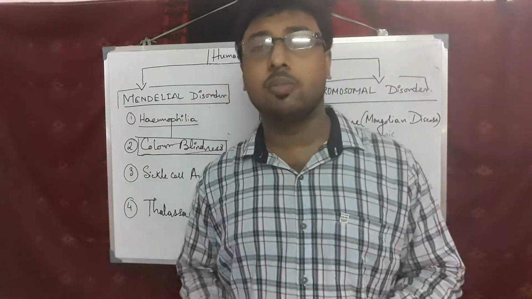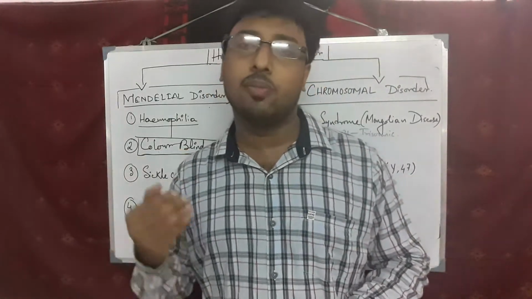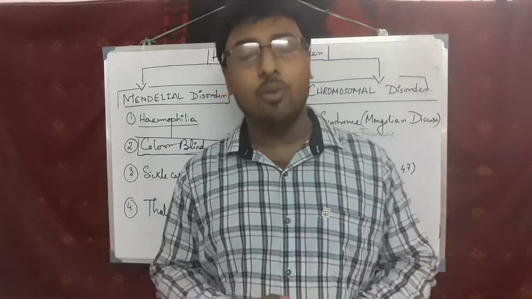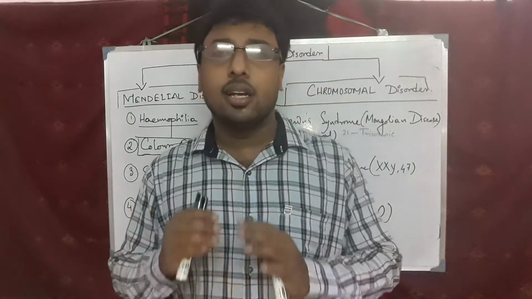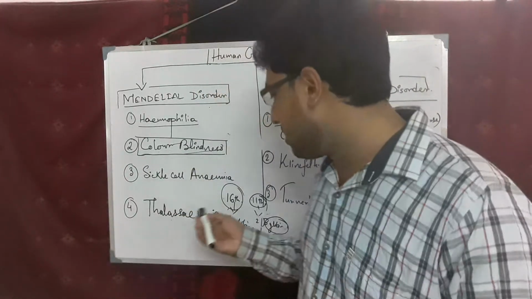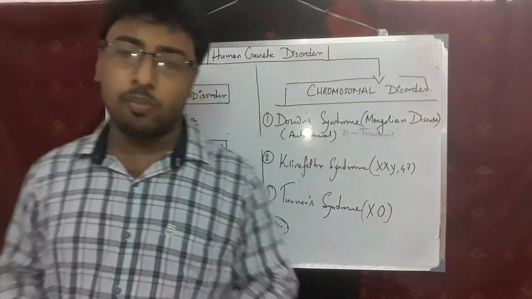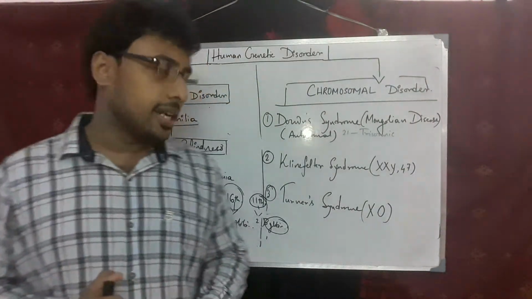These are responsible for the production of oxyhemoglobin in the human body. Now if there is any mistake in the formation of the alpha globin chain or beta globin chain, there will be the disease thalassemia.